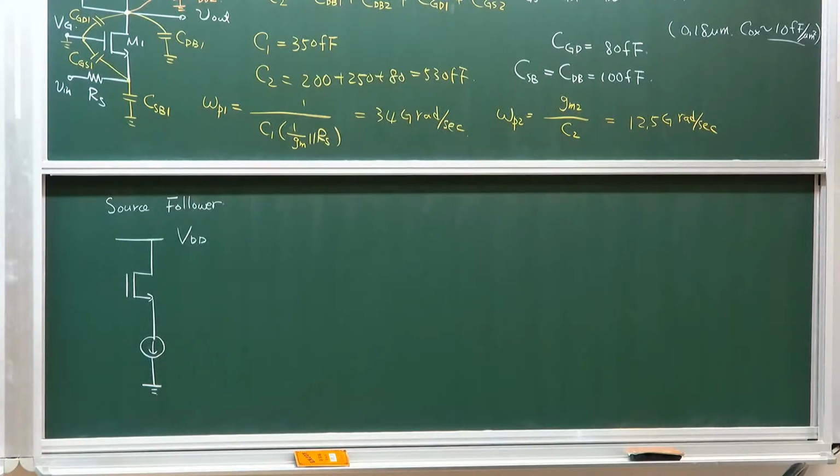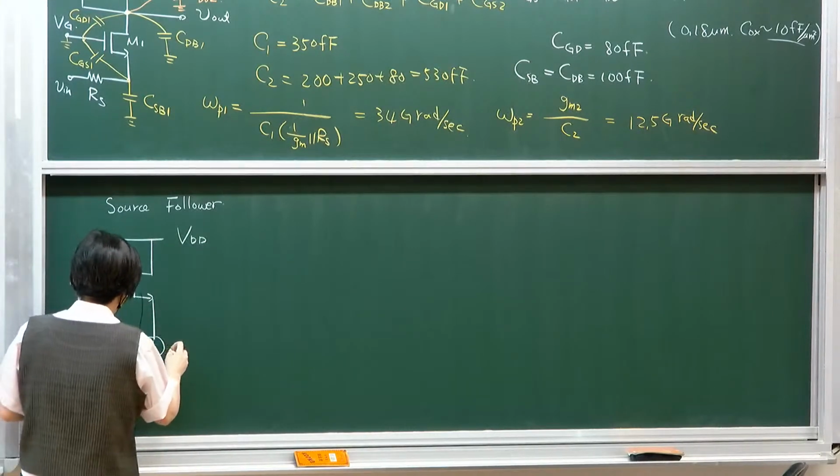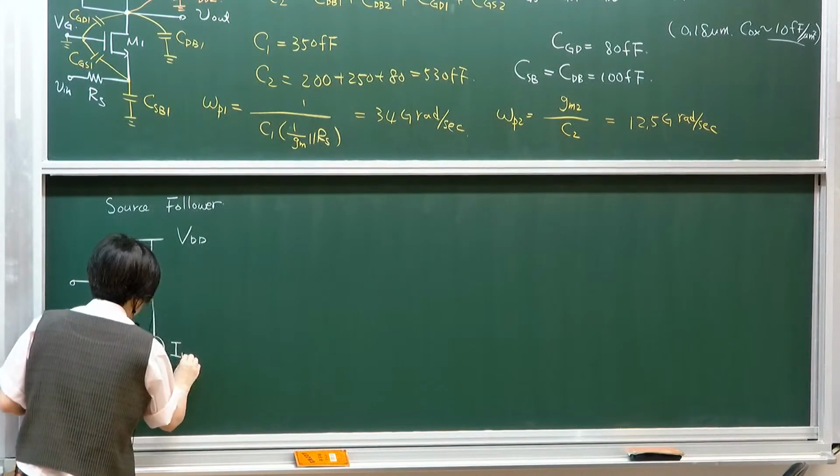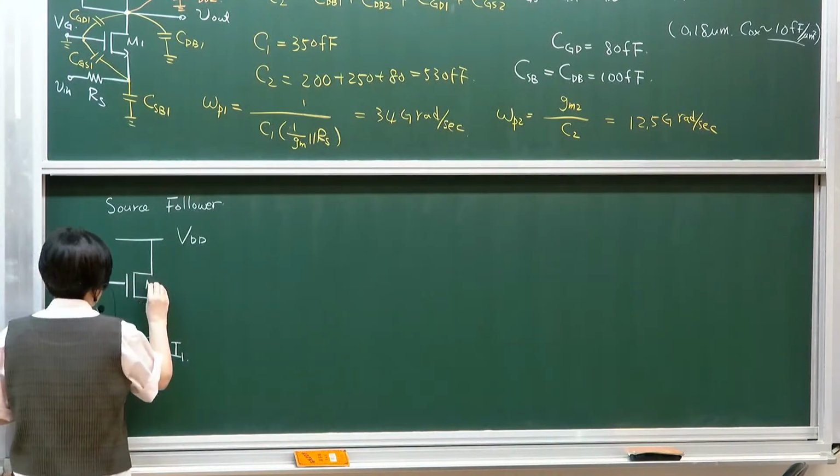Okay. So let's assume that it's being biased by a current source. Typically, this is what's being done: biasing my circuit with a current source to set gm. I1 is to set the transconductance of M1.